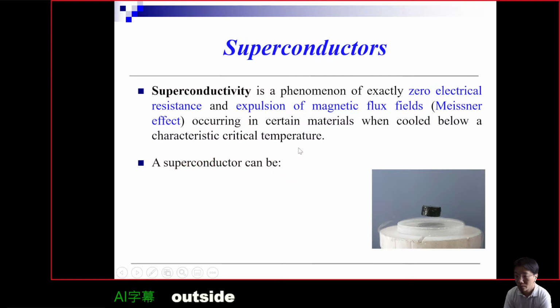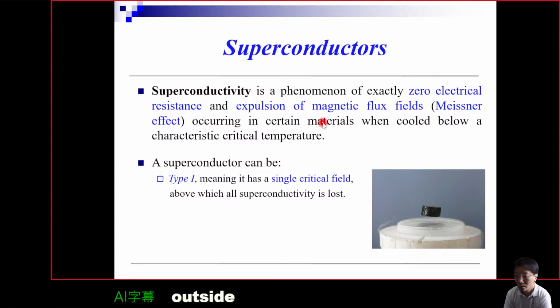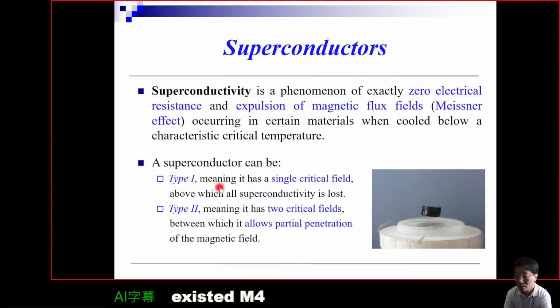So a superconductor can be type 1 or type 2. For the type 1 superconductor, it has a single critical field, and above this critical field, its superconductivity is lost. And for the type 2 superconductor, it has two critical fields.